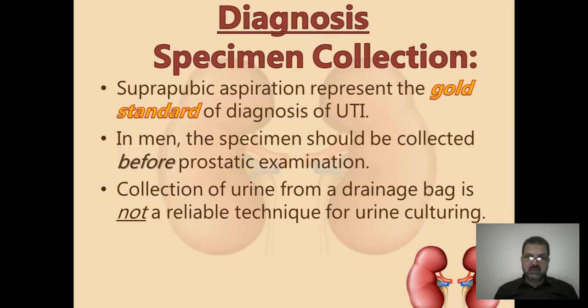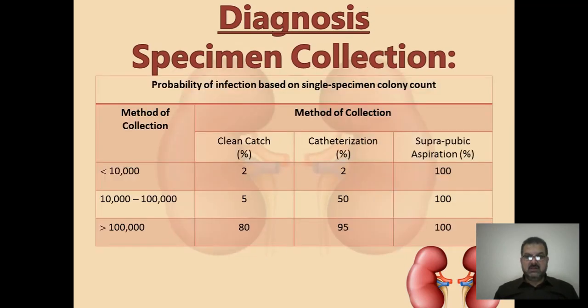But we usually request a clean catch urine sample, midstream urine. We ask the patient to evacuate some urine into the bathroom and then to collect the sample of urine needed for urine routine examination. The probability of infection based on a single specimen, as you can see in this slide: suprapubic is 100% accurate whenever bacteria are found in the urine.